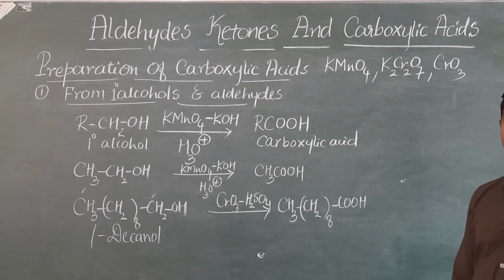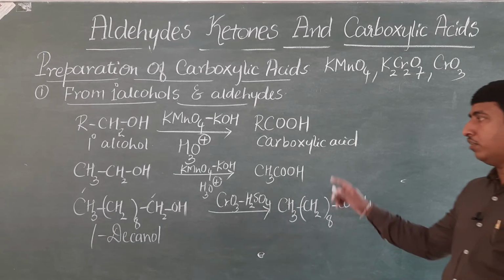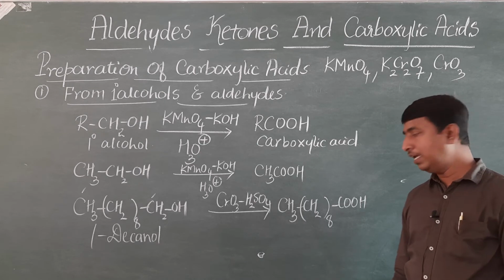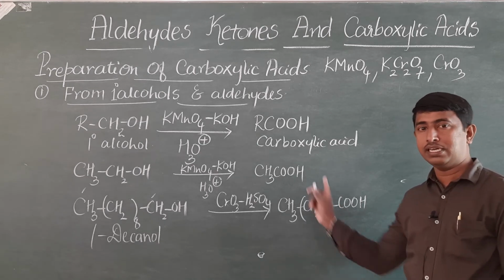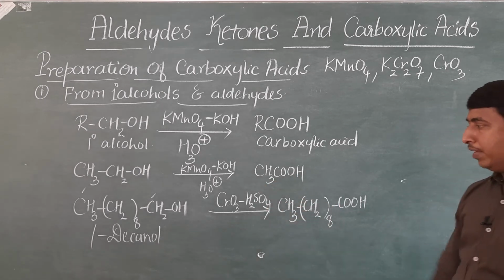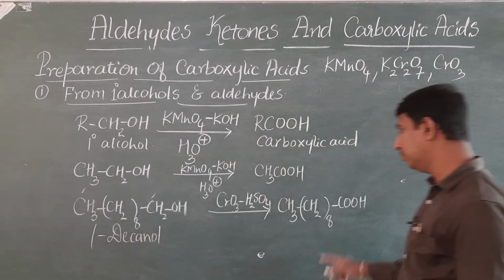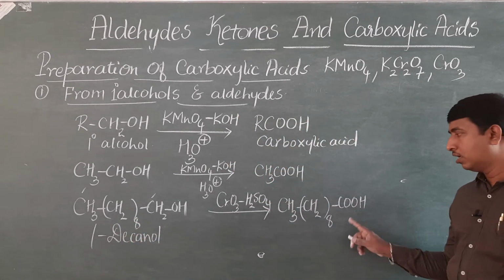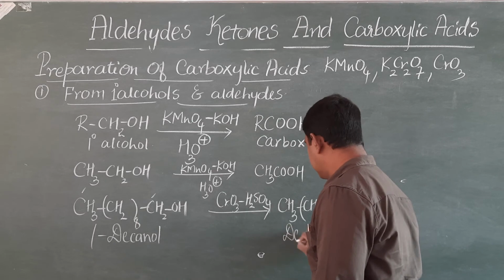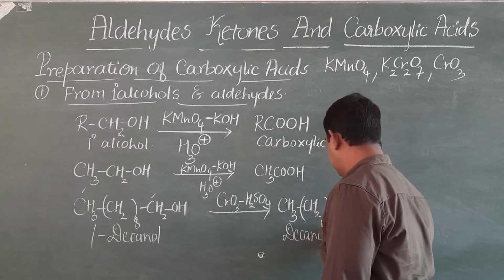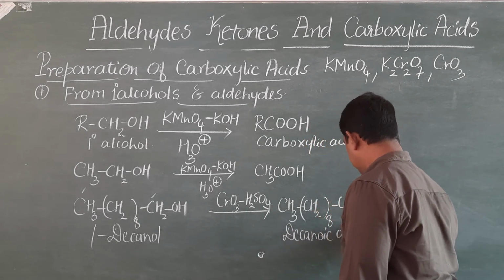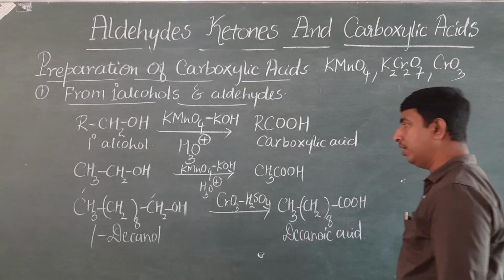In the case of primary alcohol, the formed carboxylic acid contains the same number of carbon atoms as the parent alcohol. Parent alcohol contains 10 carbon atoms, so the formed acid also contains 10 carbon atoms. This acid is called decanoic acid.